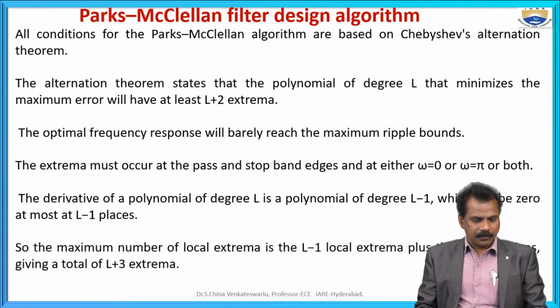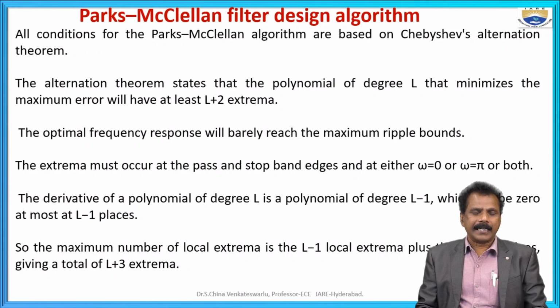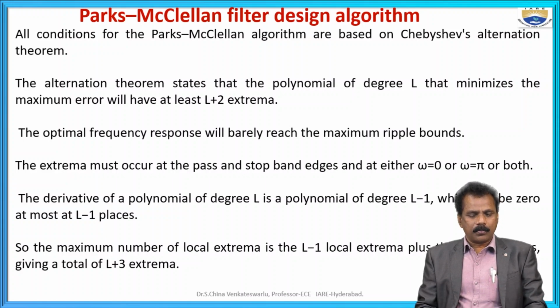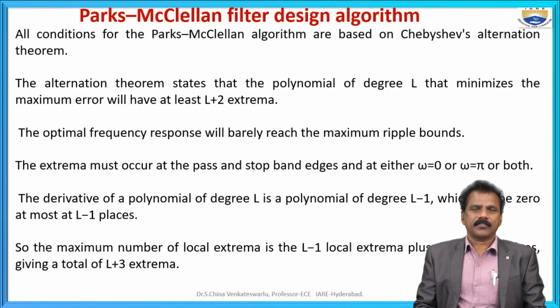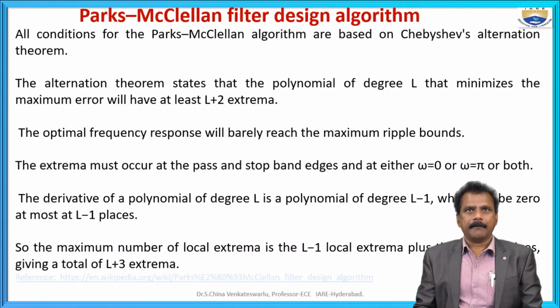So the maximum number of local extrema is the L minus 1 local extrema plus the 4 band edges, giving a total of L plus 3 extrema, as we have discussed. These are the conditions for this particular algorithm, based on the Chebyshev alternation theorem.